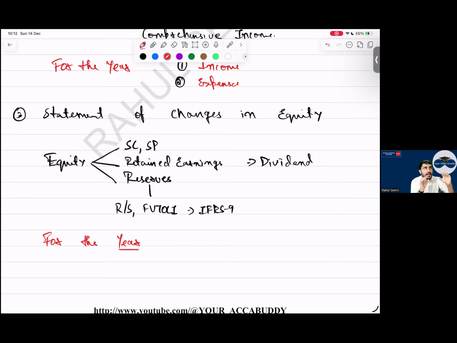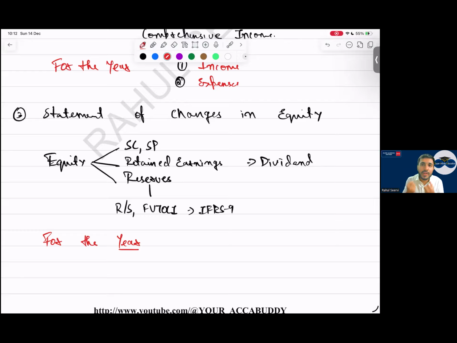Sir, today my share capital, the company is saying the share capital is 50,000 on 1st January 20X1, and at the year end it is 1 lakh. So what is the difference? 50,000.